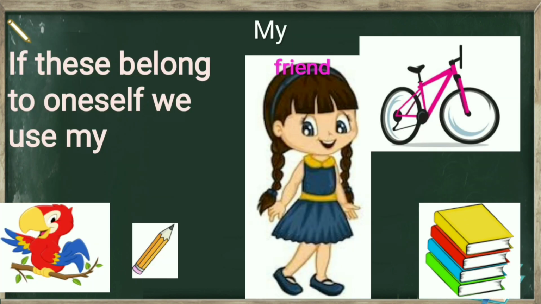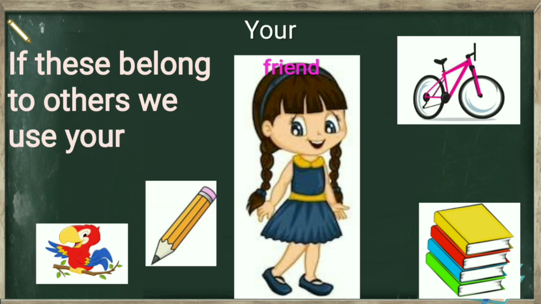If these belong to oneself, we use my. My parrot, my pencil, my friend, my bicycle, my book. If the things belong to others, we use your. Your parrot, your pencil, your friend, your bicycle, your books.